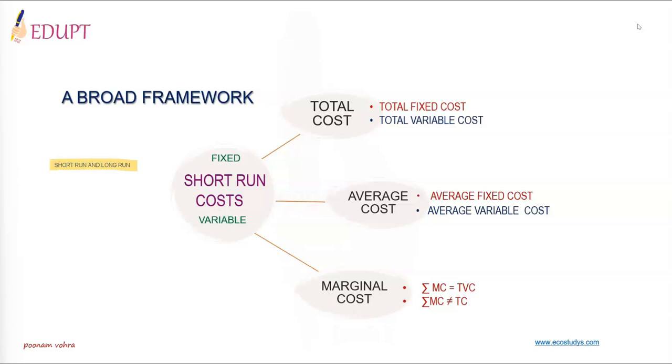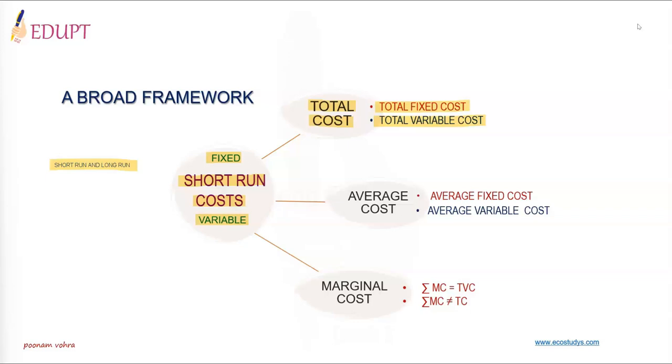So short run is a period where there are certain costs which are fixed and certain other costs which are variable. Focusing on short-run costs, these can be total cost, which is either total fixed cost or total variable cost.